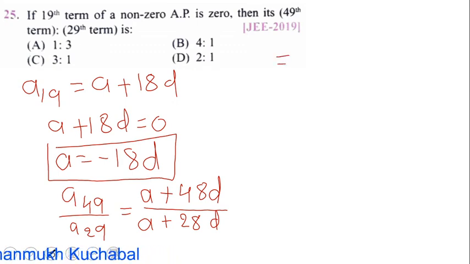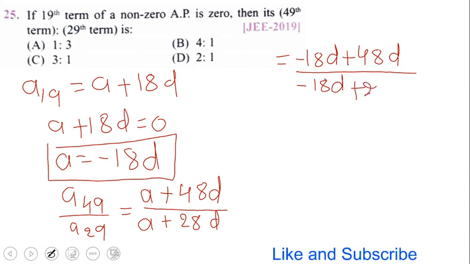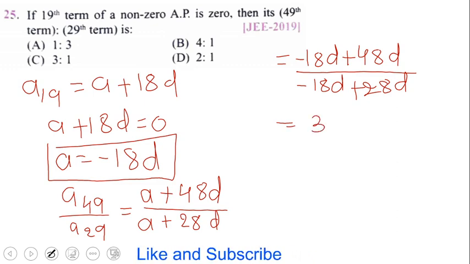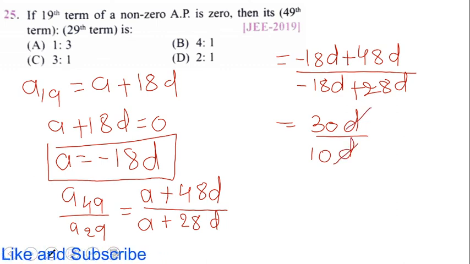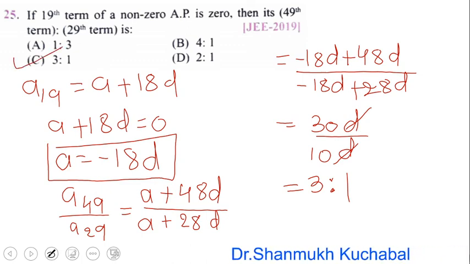So we get minus 18d plus 48d divided by minus 18d plus 28d. So next simplifying this, we get 30d divided by 10d. d gets cancelled, so 10 ones are 10, 10 threes are 30, so we get 3 divided by 1, or 3:1 here. So clearly option C is the right answer here.